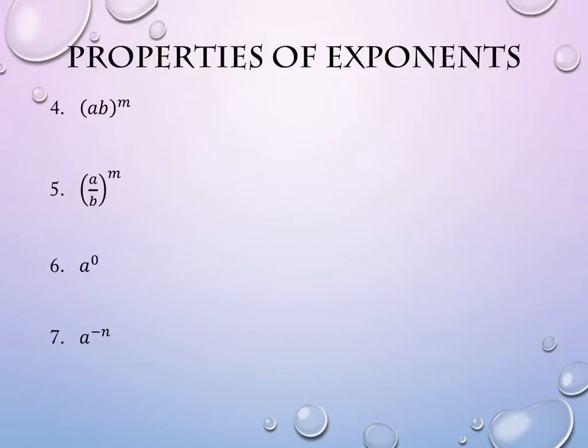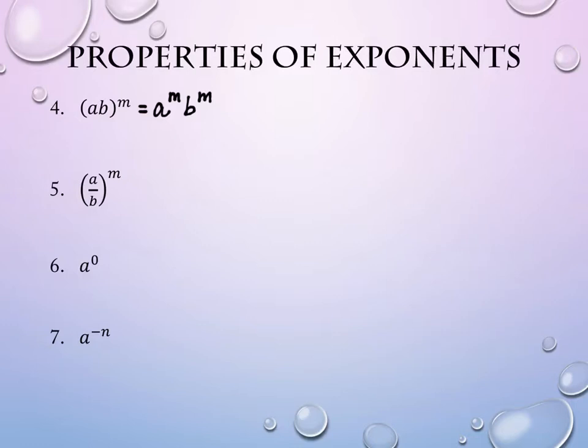All right, number 4 and 5 are very similar. They feel like a sort of distributive property. We have multiplication, a and b, and it's raised to a power m. And when I do that, I can distribute that m to the a and the b. It's really important that the a and the b are multiplied.